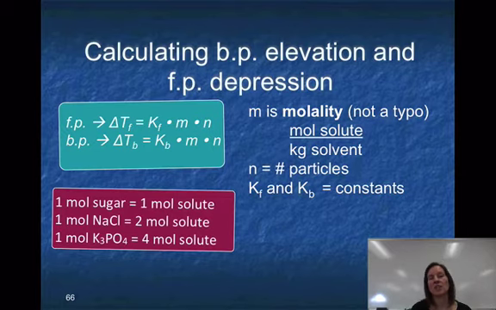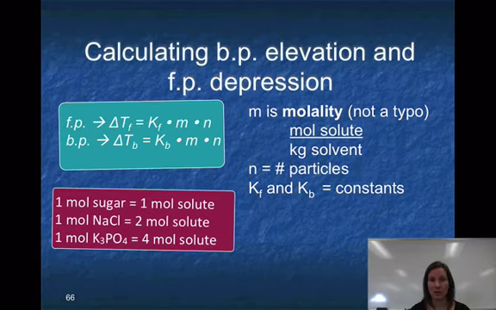The change in temperature, the amount you have elevated or depressed, equals a constant that will be given to you, times the molality, the concentration of the solution, times N. The deal with N is that when you add a solute to a solvent, you potentially have dissociation. When you have dissociation, you increase your effective concentration, because each particle is present and in the way in terms of being able to boil or freeze.